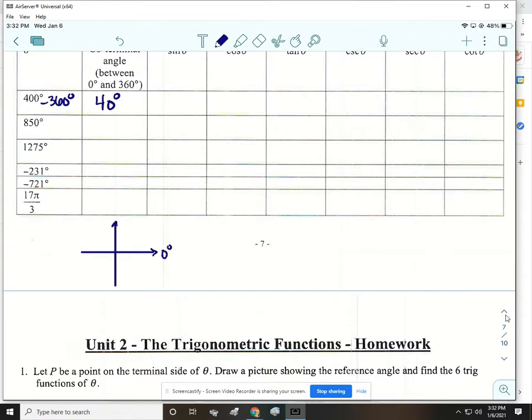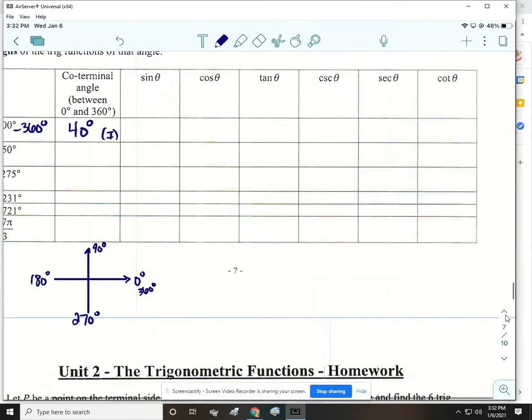So we have 0 degrees, 90 degrees, 180 degrees, 270 degrees, and then all the way around we get back to 360 degrees. Those are the quadrant angles. All right, so 40 degrees obviously falls in between 0 and 90 degrees, so that's quadrant 1. And in quadrant 1, all of the trig ratios are positive, so that's easy.